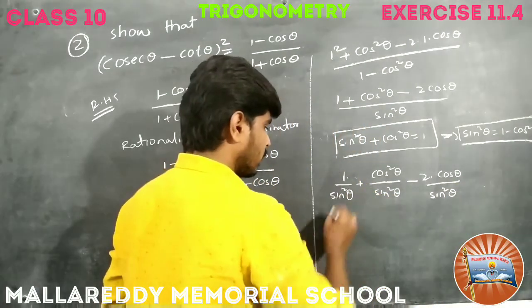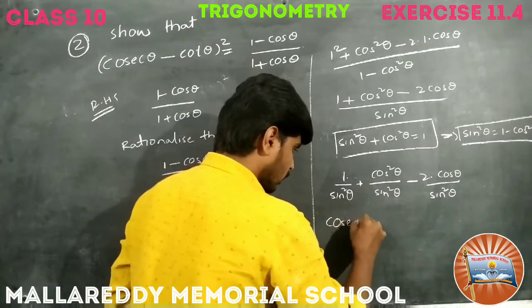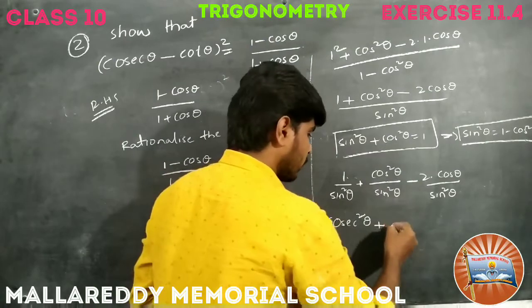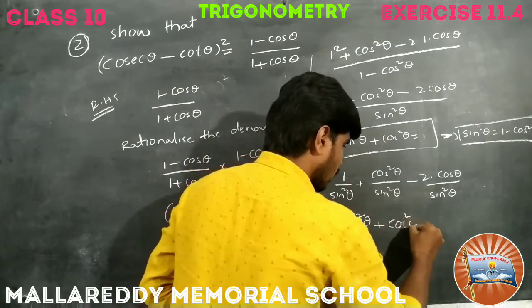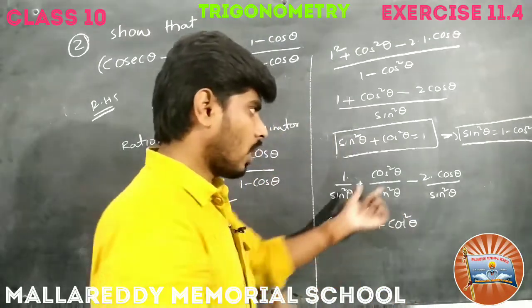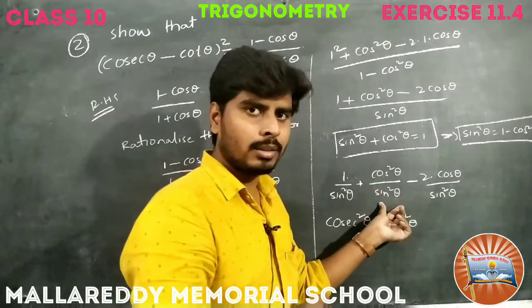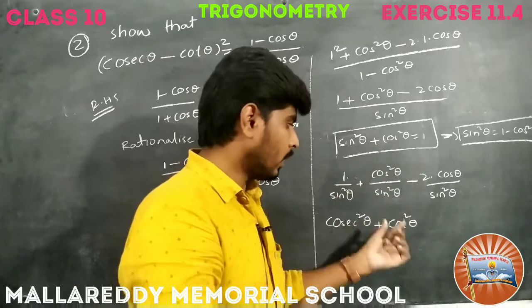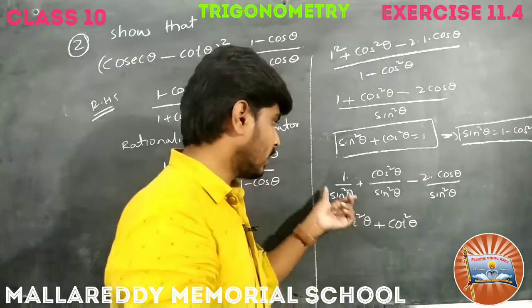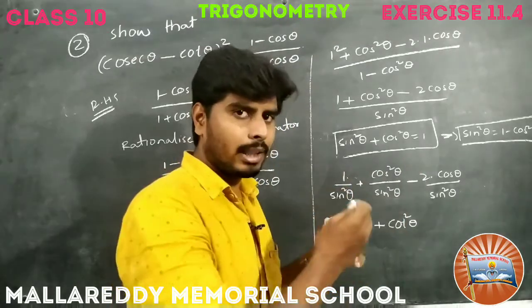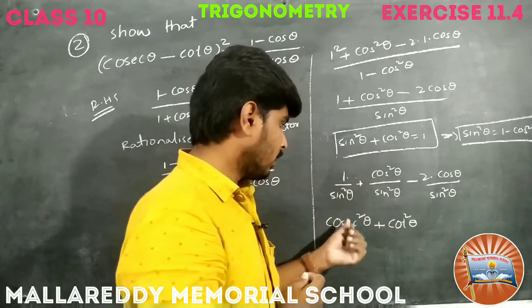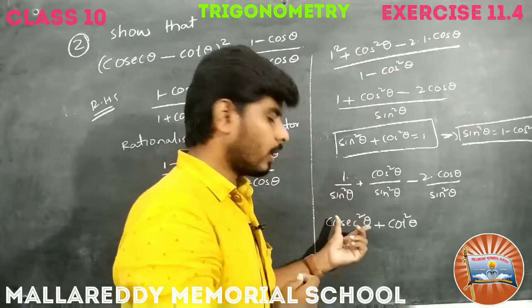This becomes cosec square theta, isn't it? And this becomes cot square theta, isn't it? So cos theta by sin theta is nothing but cot theta. So here we are having square, that is why I am taking cot square, as well as here 1 by sin square theta. So 1 by sin theta is equal to cosec theta. So due to the square, cosec square theta. Okay.